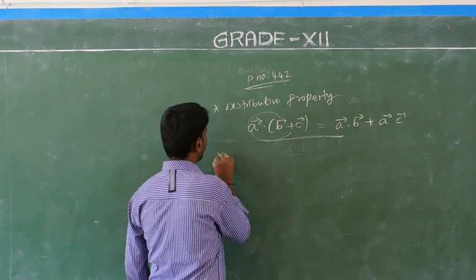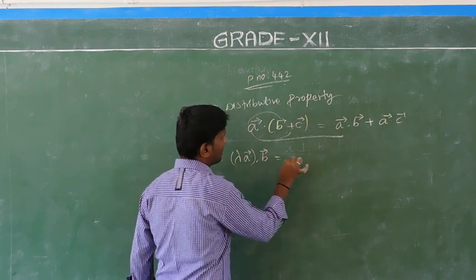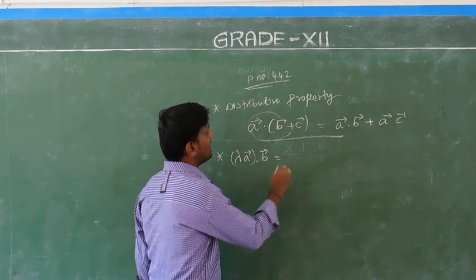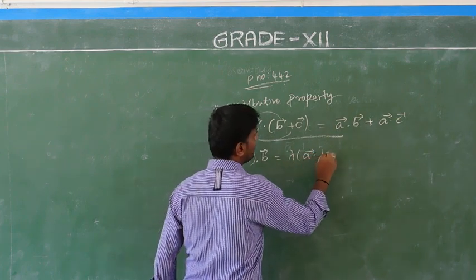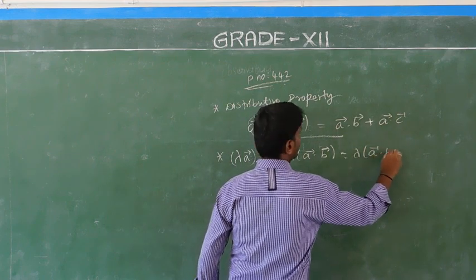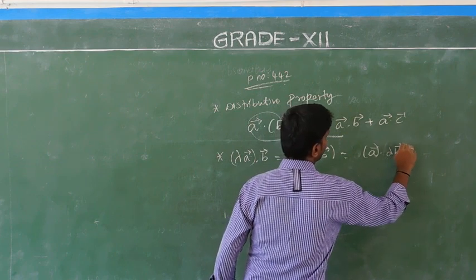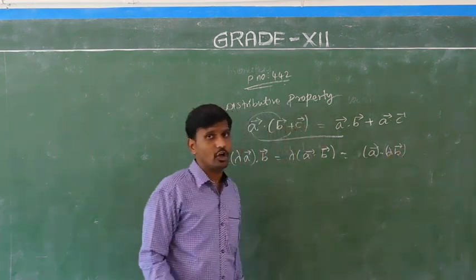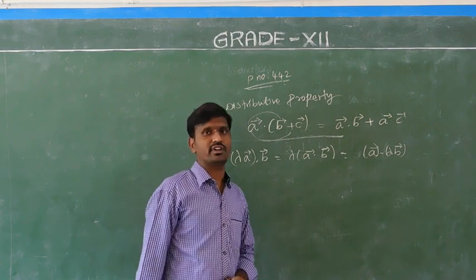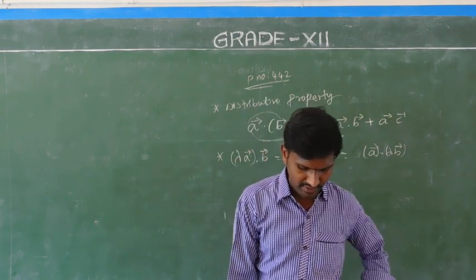Now see the second property: lambda into A vector dot B vector equals lambda into A dot B, which equals lambda A vector dot B vector, taking the dot product. So this is your second property. Have you understood all the properties? Okay, fine.